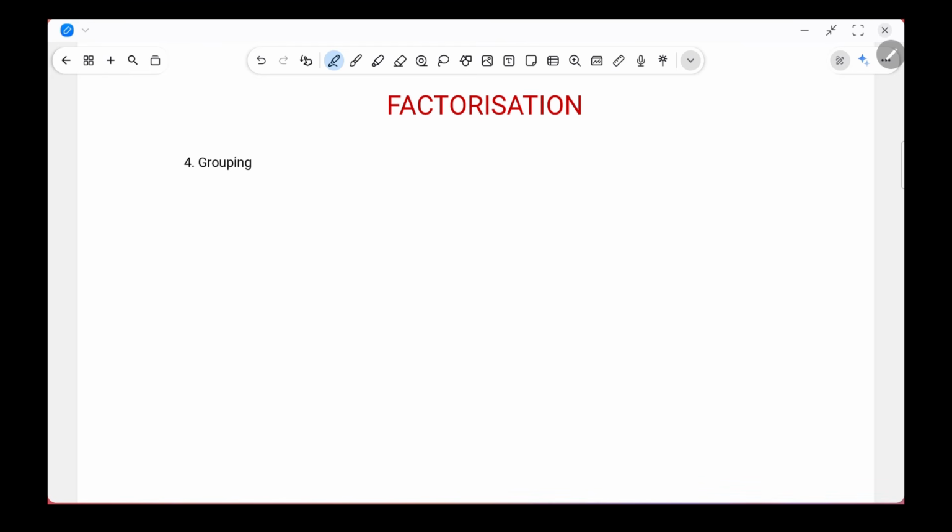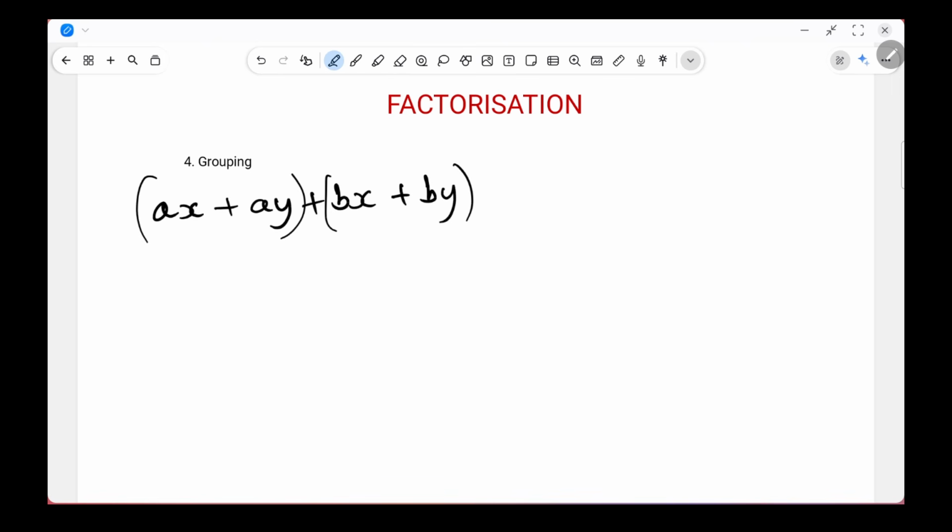Another method is grouping. What if you see 4 terms? We use grouping. Group the first two and the last two. Example, let me give ax plus ay plus bx plus by. We will group them.